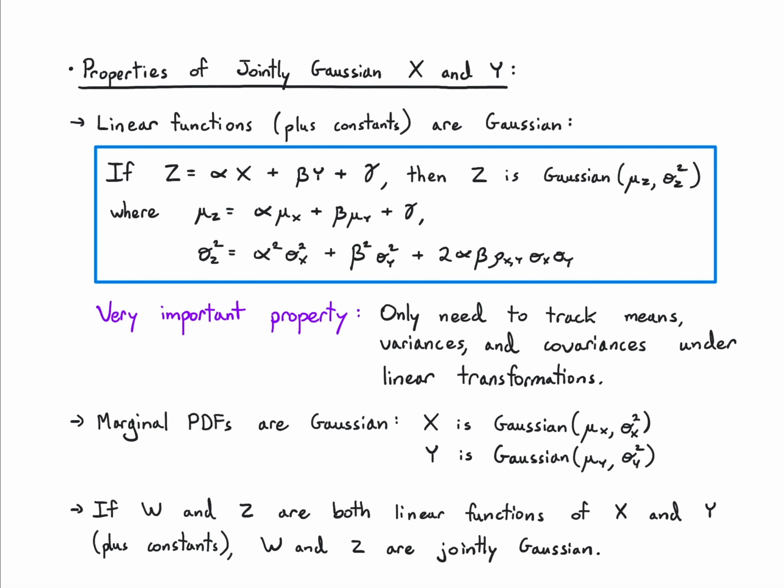Okay, and the reason this is true is that the definition of a jointly Gaussian random variable pair is that it's a linear function of some independent standard Gaussians. And a linear function of a linear function is itself a linear function. So then I get that it's also a linear function of independent standard Gaussians. Okay, more properties.